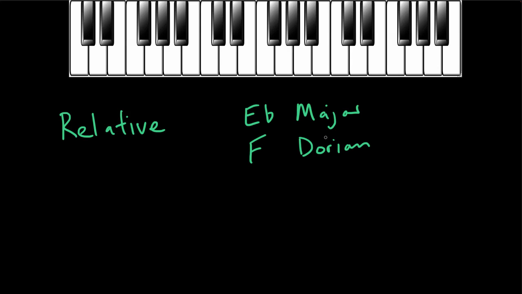So if we look at this, starting on this note, here's an F, and we play up using that E flat, A flat, and B flat. It gives us a scale of F Dorian.